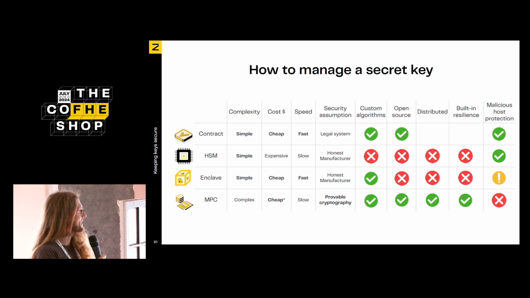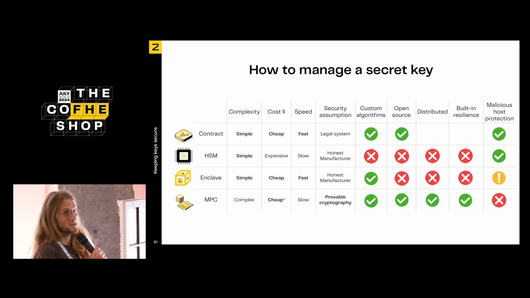Then finally we have MPC, secure multi-party computation, which is a very complex solution. There's a lot of code and a lot of mathematical theory you need to get this to work. But once you get it implemented, it's relatively cheap since it's just software and a slight distribution. You may need some extra servers, but that shouldn't be too expensive, not if you compare with HSMs.